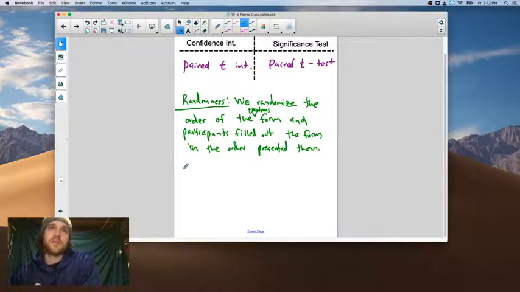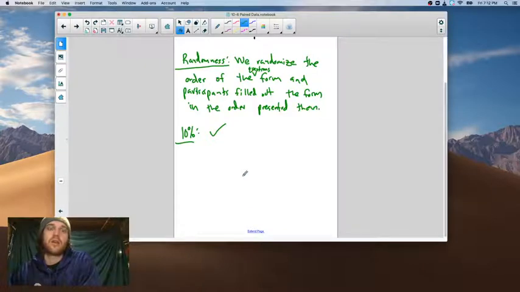Okay, randomness, 10%. In this case, we don't need to check it because we are not sampling without replacement from a larger population. We are performing a randomized experiment in the randomizing of the order of the questions. So that is just fine.